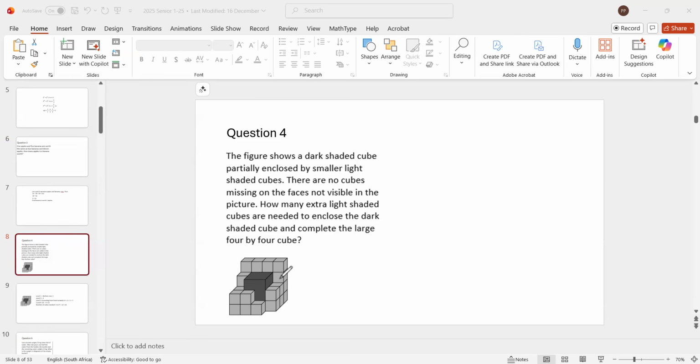Okay, so what are the dimensions? This dark cube, well, you've got 4 this way, and you've got 1 on the side, 1 on the side. So this cube is 2 by 2. Its sides are 2, all right? Right throughout.